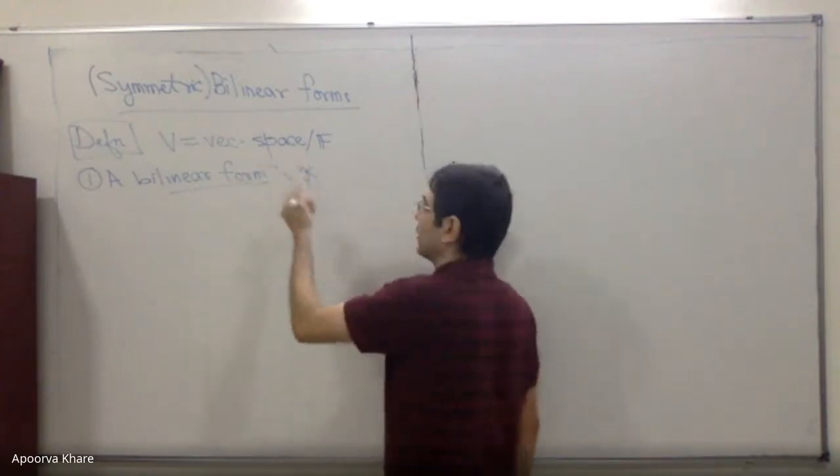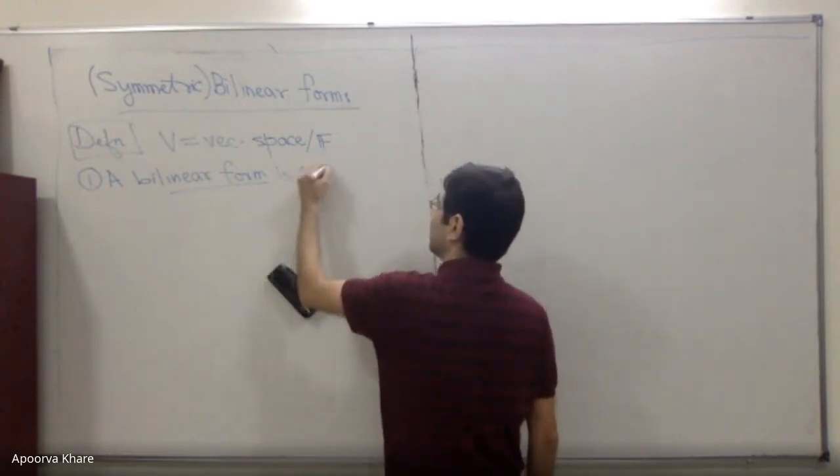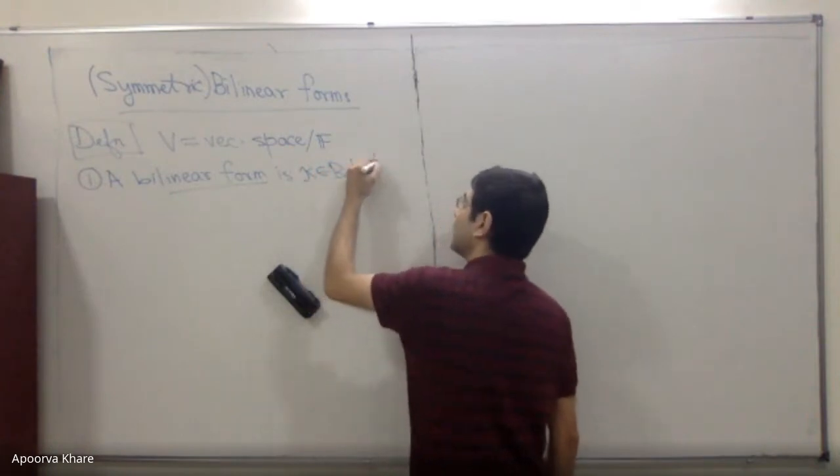I'll call it kappa. So kappa in Bilin is literally a bilinear map.